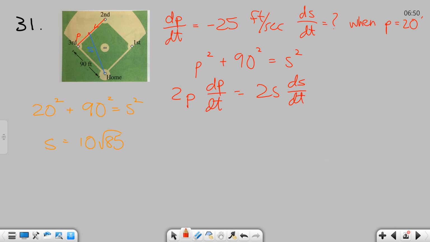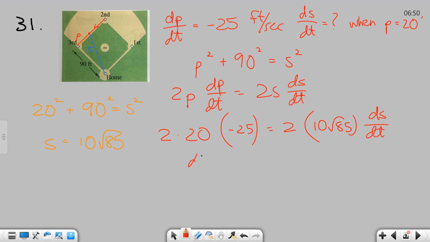Okay, so plug and chug now. I get 2 times 20 times negative 25. And again, notice I'm putting that negative 25 in parentheses because we don't want it to be mistaken as a minus 25. That equals 2 times 10 square roots of 85 times dS/dt.